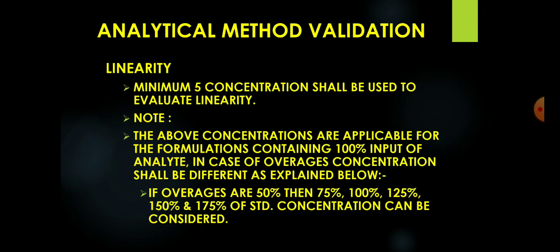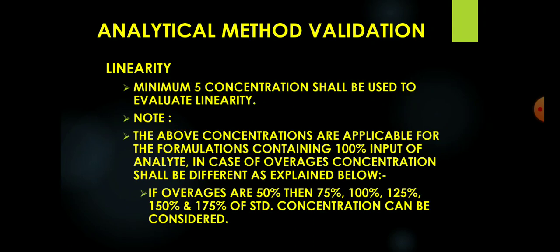The above was the ideal case where the analyte concentration or API concentration in the formulation is 100%. In some formulations where the concentration of API has overages, the linearity shall be done as follows.